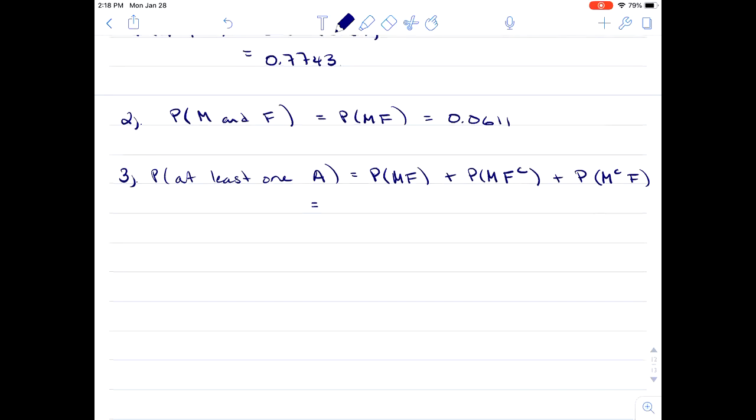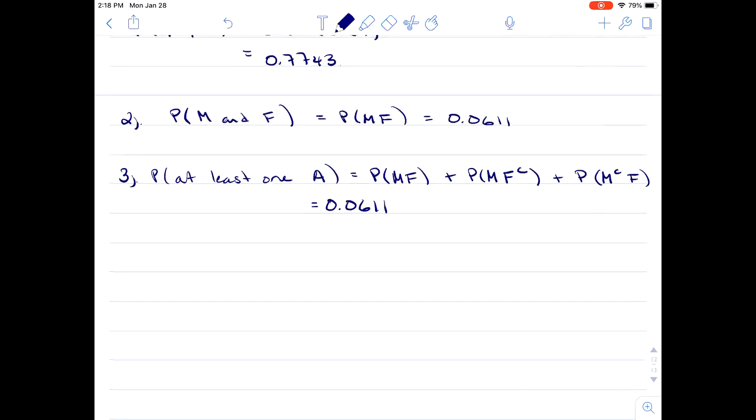I'll need some room here, but we know all these probabilities. 0.0611. There is an easier way to do it.